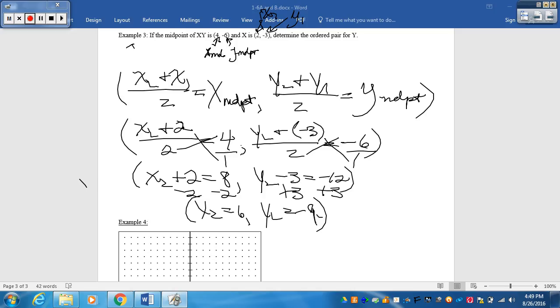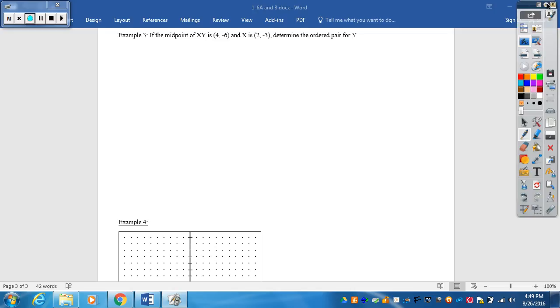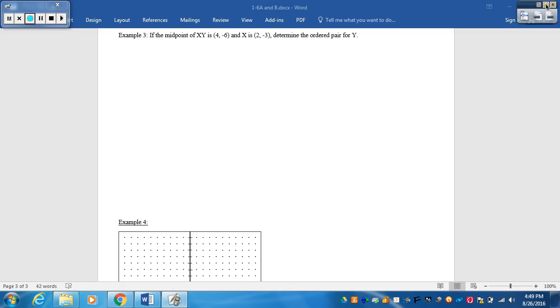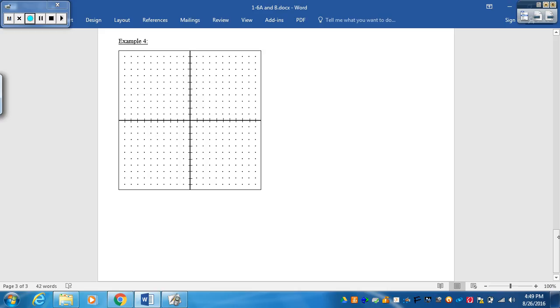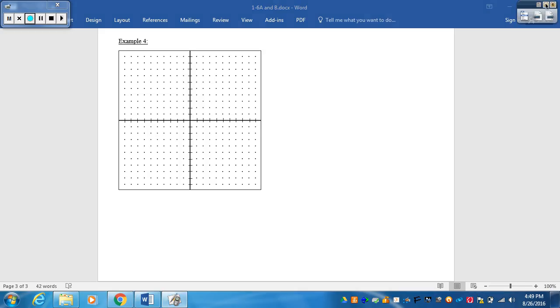All right, very good. So hopefully you got that. If you didn't, look back through and read my chicken scratch there and figure out what you're doing. So this last example, what I'm going to show you here is something that could show up on the AIR test. I'm not saying that it will, but it could. This last year, the geometry students were very successful.